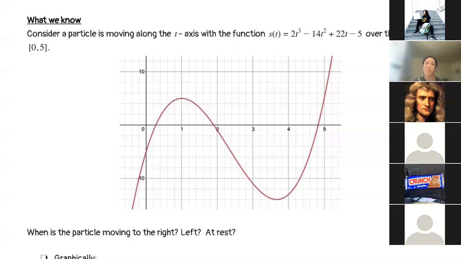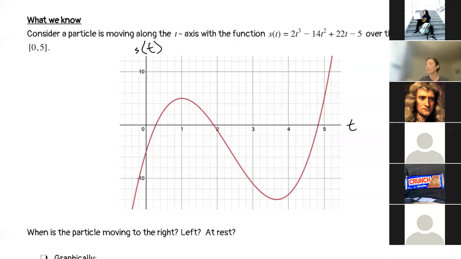All right. So consider a particle is moving along the t-axis with the function s of t equals 2t cubed minus 14t squared plus 22t minus 5. Okay.